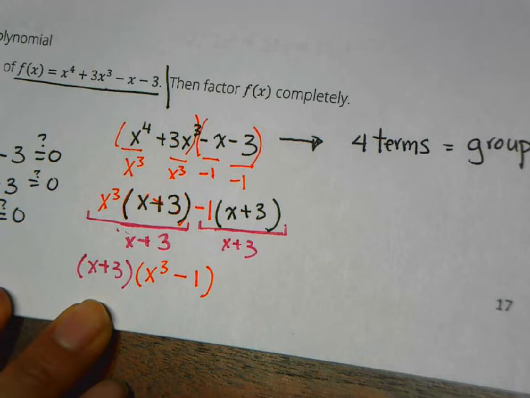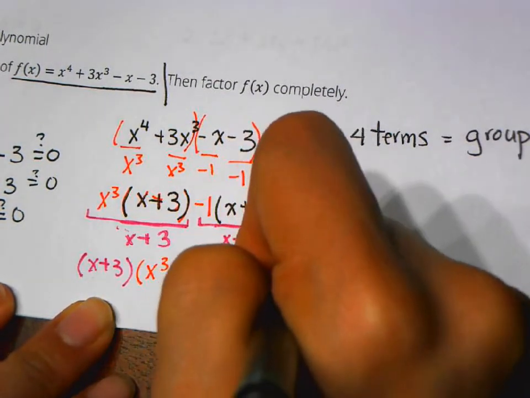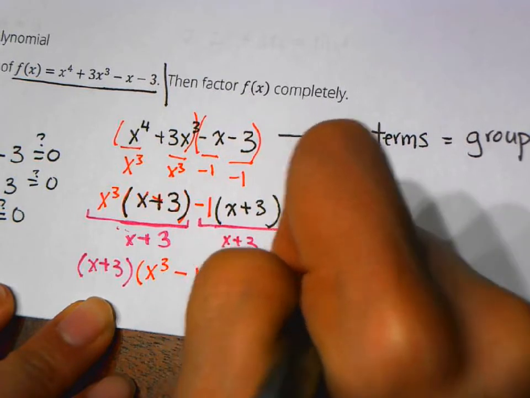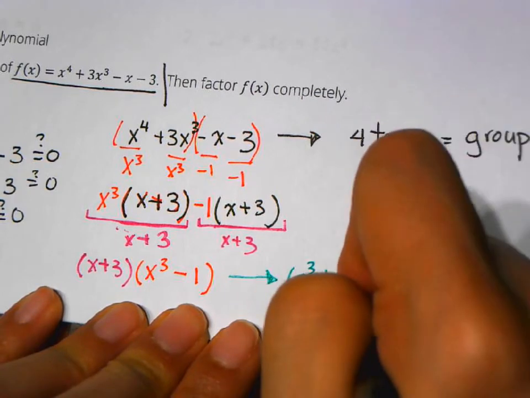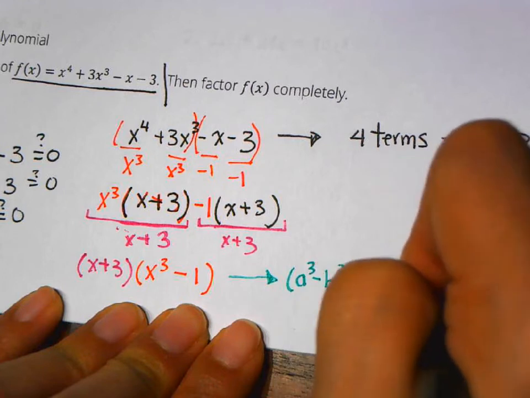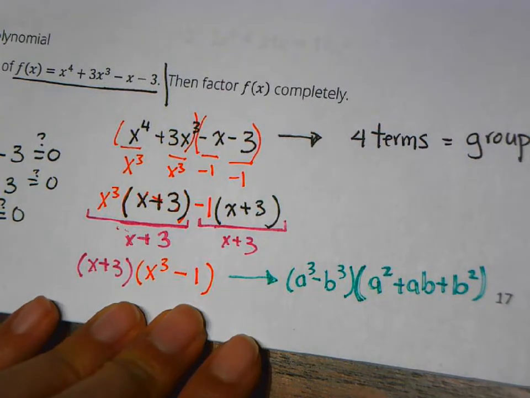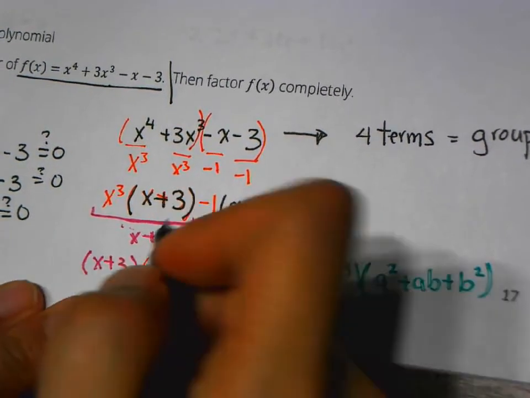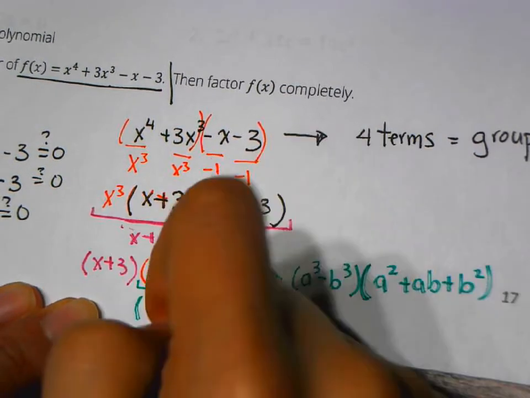You have a special factor pattern called the difference of 2 cubes. a cubed minus b cubed factors into a minus b times a squared plus ab plus b squared. That means I can take this and factor it into those 2 factors.